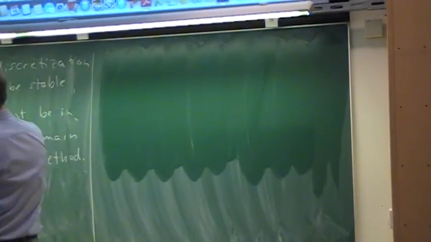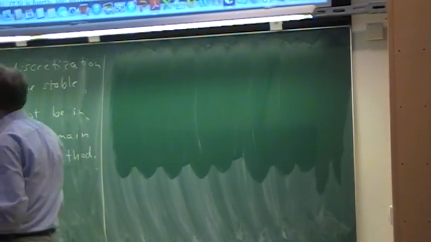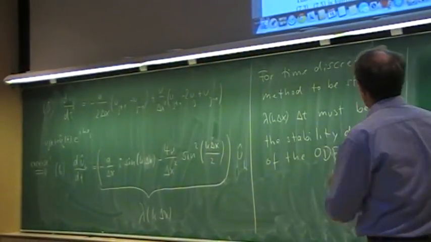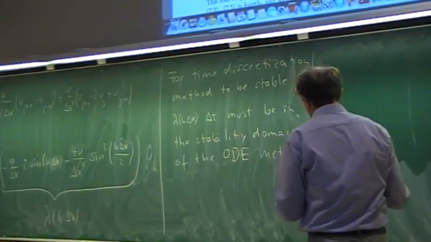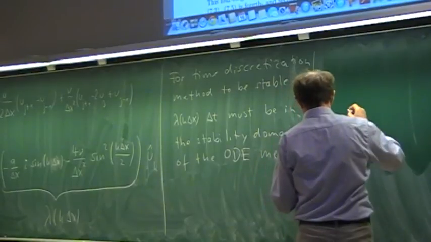So here we have the example of the Fourier symbol, and now we look at what the stability domain is.